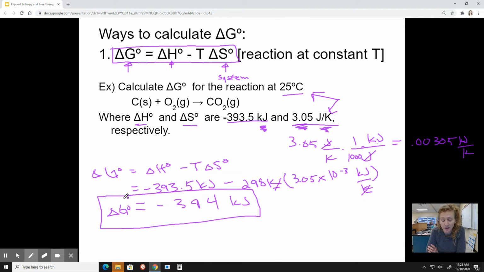Notice that it's a negative free energy change, which means that this is going to be a spontaneous process. A couple other things on here. This would be a good time to go through and just double check. Force yourself through thinking about the signs of the numbers that they give you and telling yourself what the signs of those numbers mean.